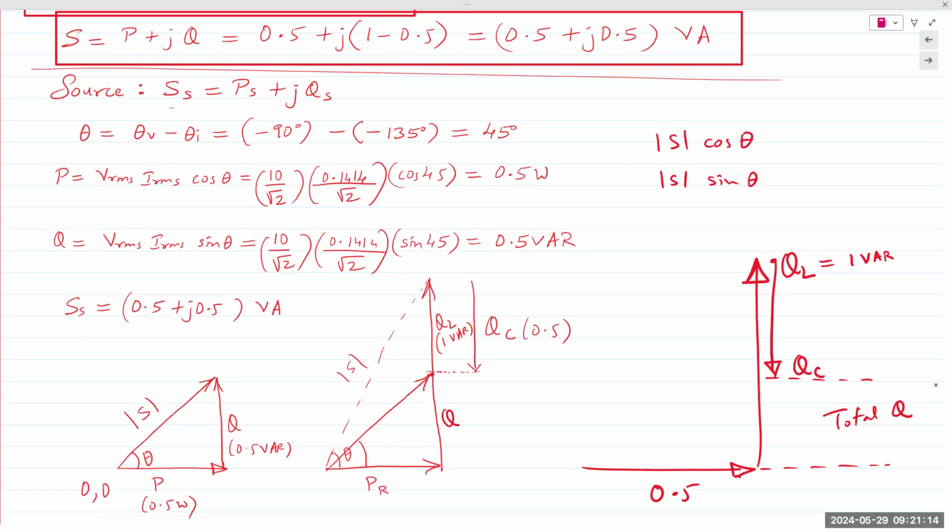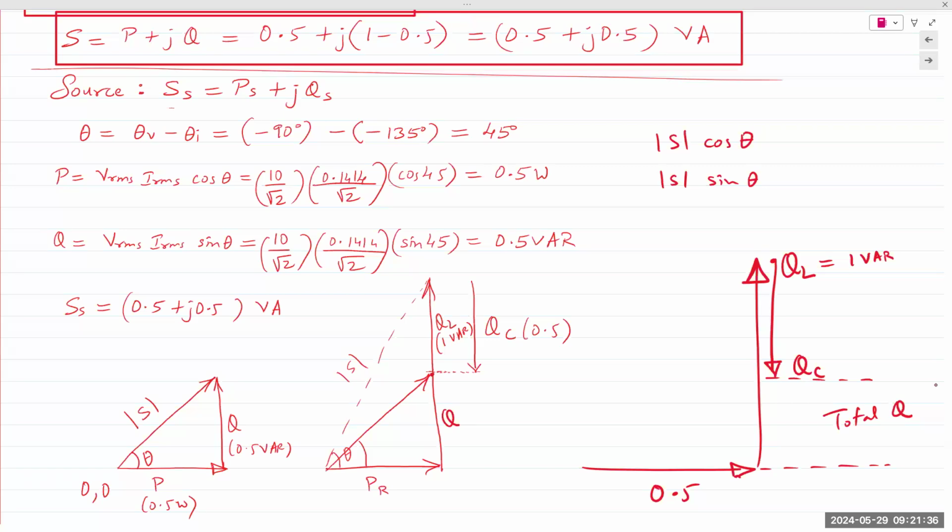What about the other approach, a top-down approach? You find the total power from the source, convert it to rectangular coordinates, and then you can just find P and Q from the total power for the source. Make sense? Right? You find individual powers and then combine them to find total source power, or you find the total source power and then separate it out to find the individual component powers.